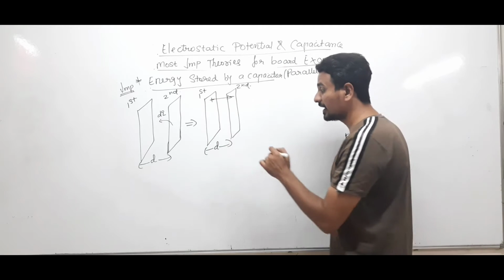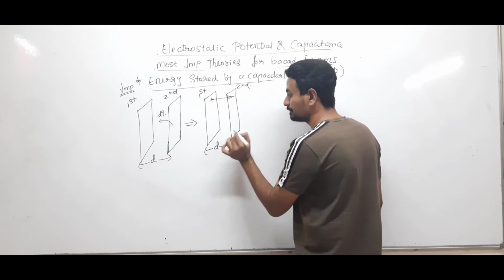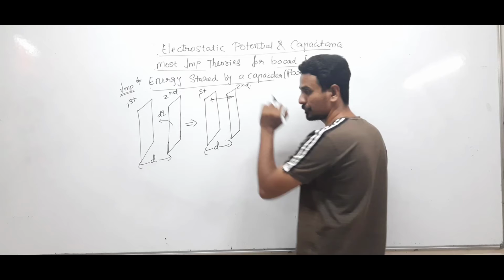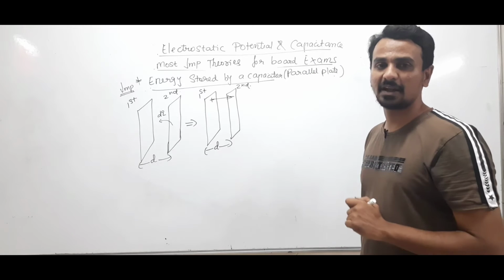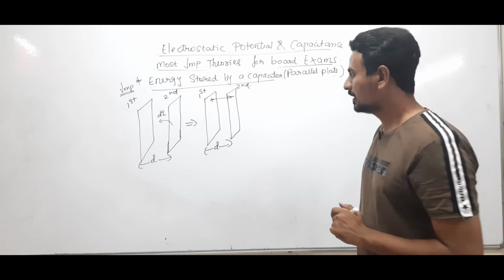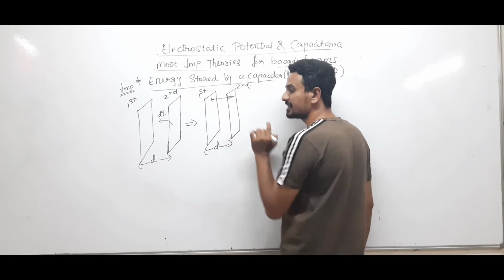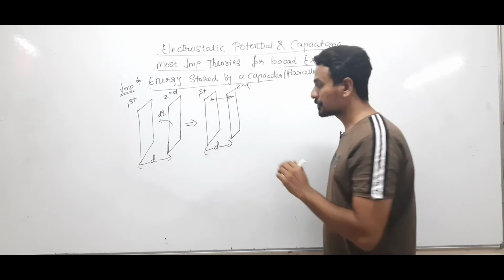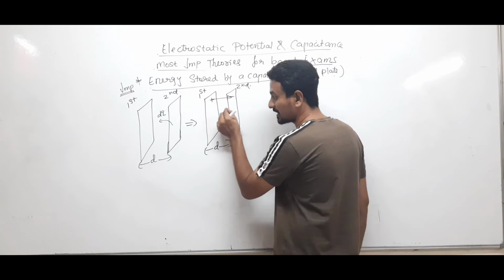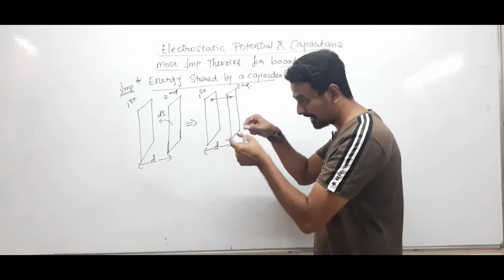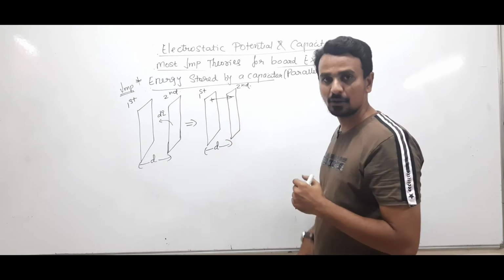Now if I am transferring another dq charge from second to first, so now some work has to be done, because the second plate is negatively charged. So when I am transferring a dq charge, which is positive, the negative plate will try to attract this charge.